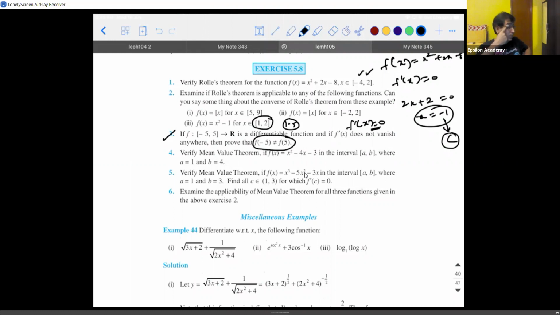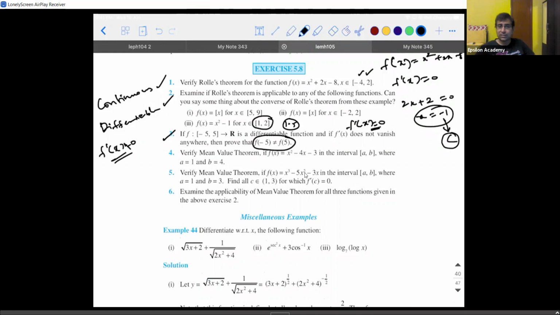First, they told us the function is differentiable. So the keyword is differentiable. When it is differentiable, obviously, it is continuous as well. So it is continuous, it is differentiable. But f dash of x is not equal to 0. That is the meaning of does not vanish.